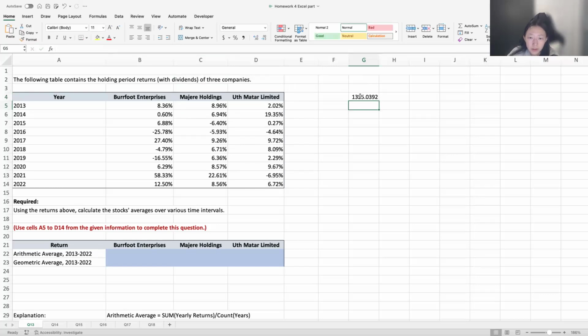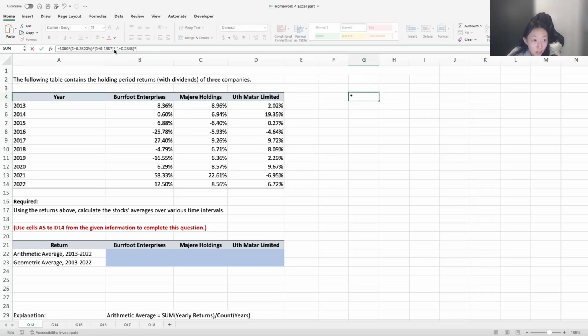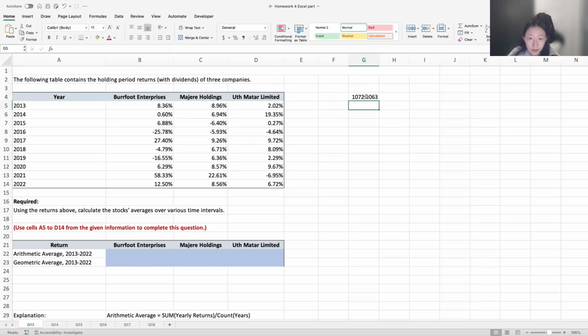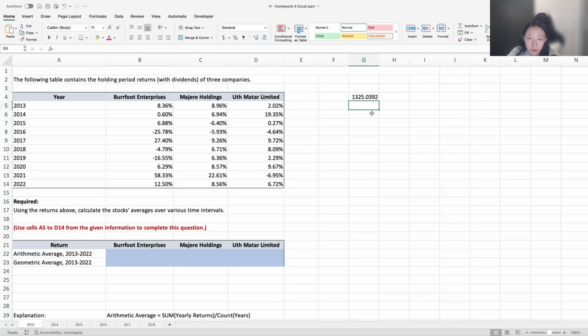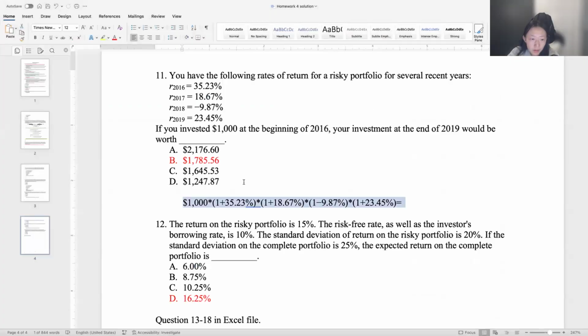I see. So I think it was previously noticing my minus sign as a dash, not the operating symbol. So 1325, 1325.